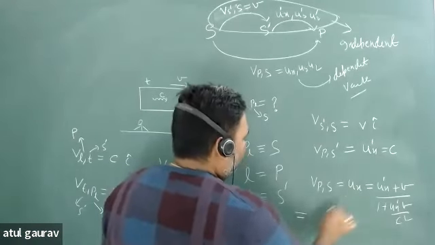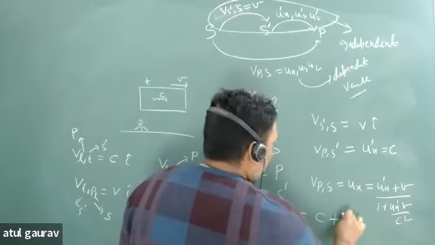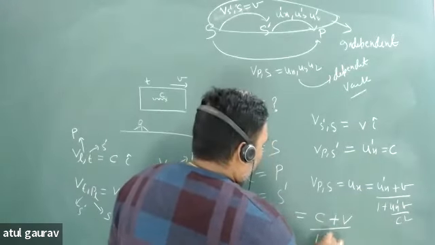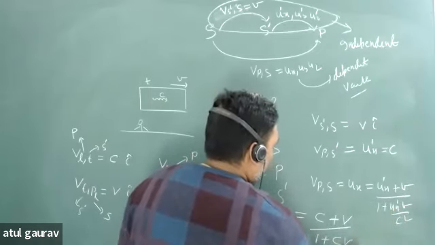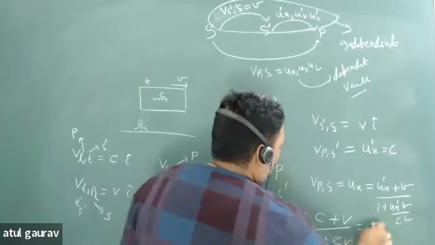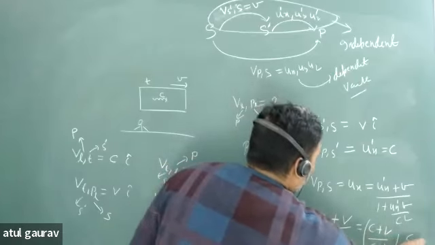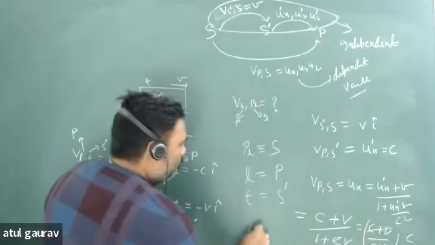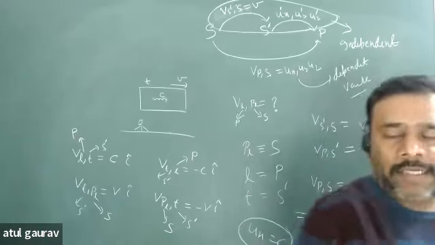What is Ux dash? C. What is V? V. Plus Ux dash is C. V upon C square. One C cancels. C plus V, C plus V into C, this cancels. You will get Ux is equal to C. Am I correct?